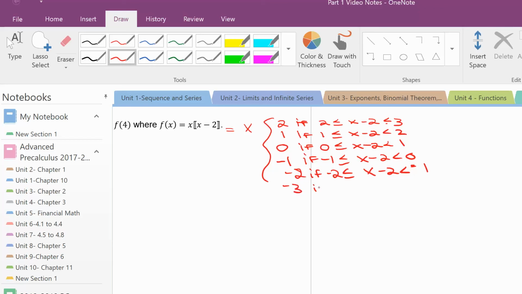Negative 3 if x minus 2 is between negative 3 and negative 2. Negative 4 if x minus 2 is between negative 4 and negative 3.